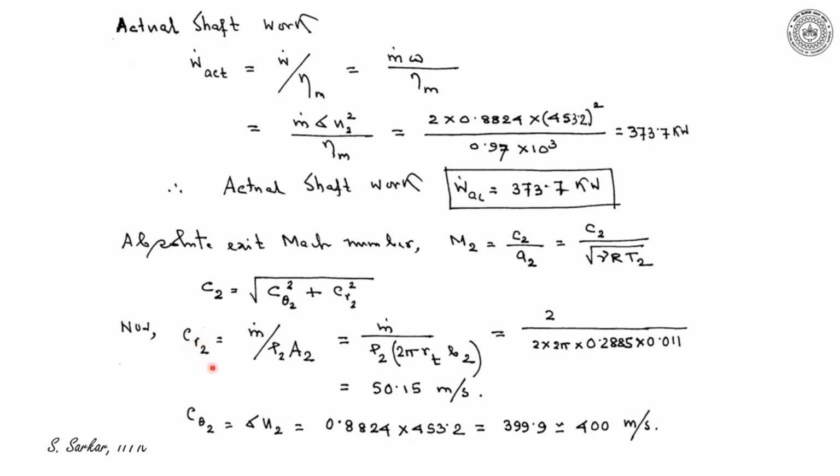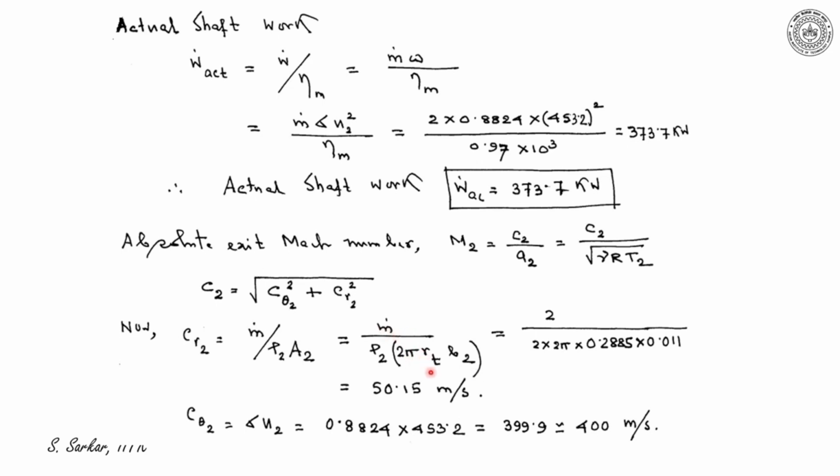Now CR2 is equal to m dot divided by rho into A2. A2 is the exit area of the impeller. Now the value of m dot is given. Let me write down the expression for CR2. It would be m dot divided by rho 2 into pi r T2 into B2.